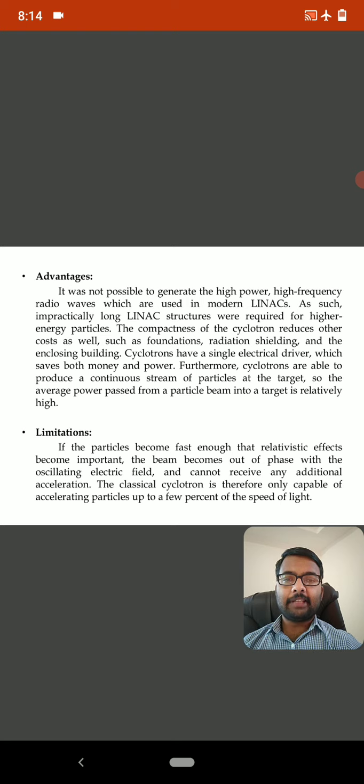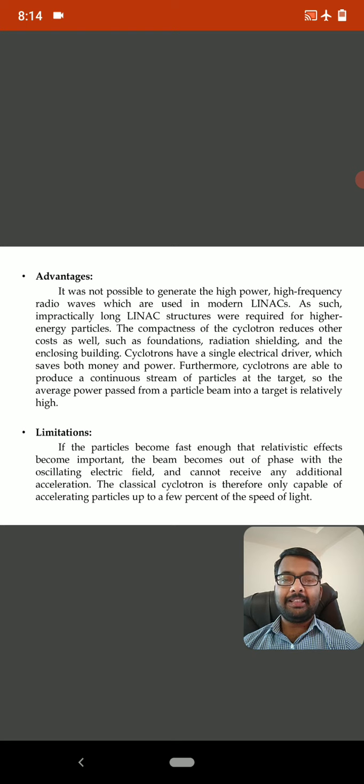The classical cyclotron is therefore only capable of accelerating particles up to a few percent of the speed of light. So that is one of the limitations of this cyclotron accelerator.